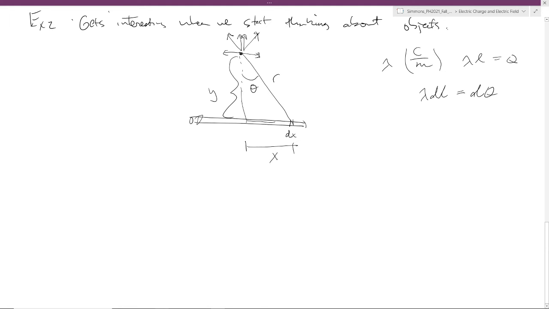So, and I'm going to remove this just to keep our diagram a little more tidy. But what this is telling us is that the Ex contributions are going to be 0 because of symmetry.